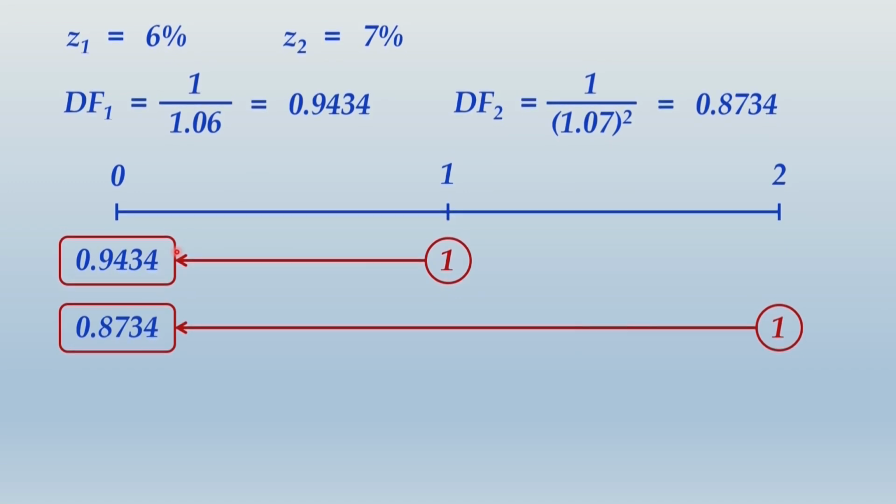Now, most important thing, if I want to connect something from year 2 to year 1, what it would be? So assume that this bond which is maturing at second year end, which will give you $1 as the par value, its value at present is 0.8734, but I would want to find its value over this point of time.